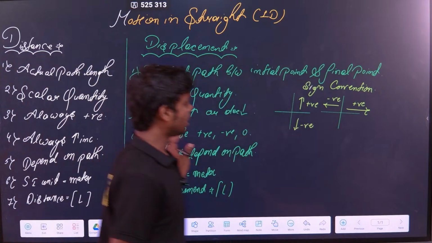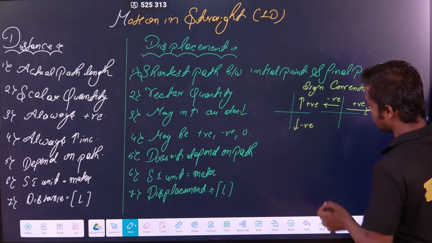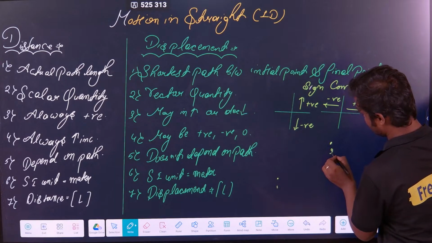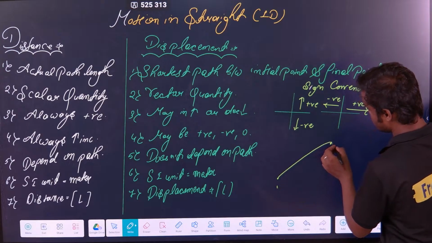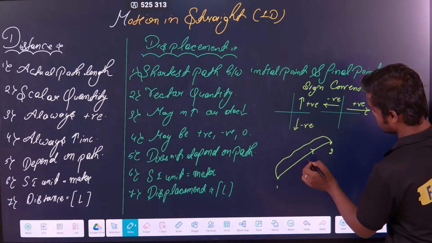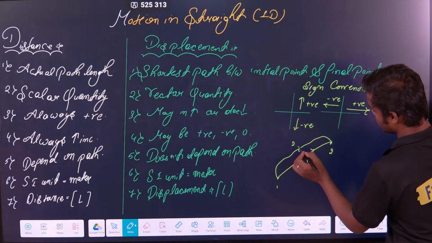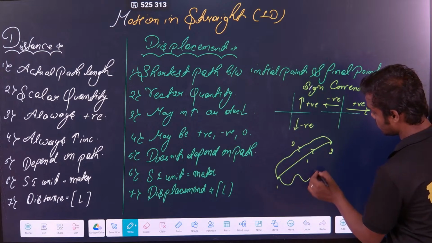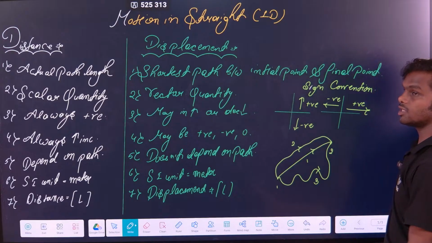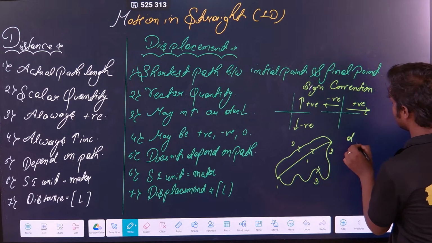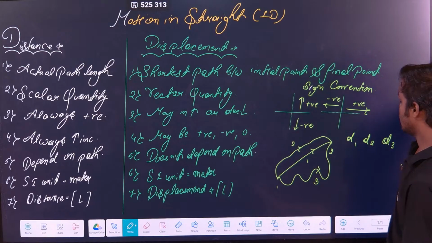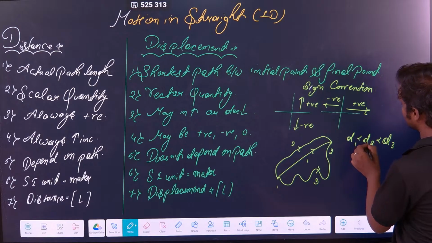But basically what I am trying to explain is that suppose this is point 1 and this is point 2, and there are different paths between them. One path is like this, another like this, and one like this. If I ask you the distances, suppose d1, d2, d3, you can say d3 will be greater than d2, which is greater than d1.